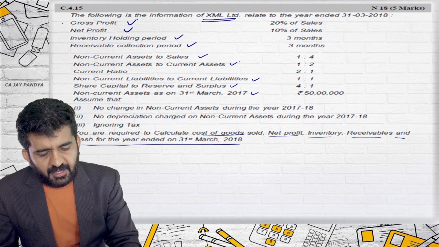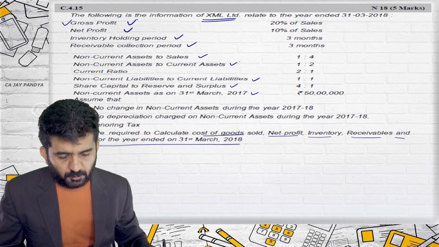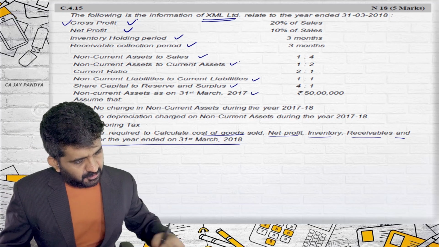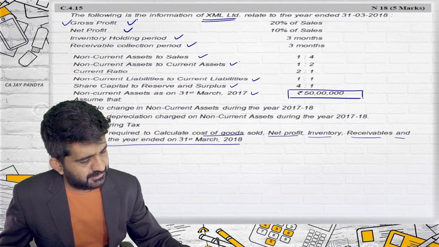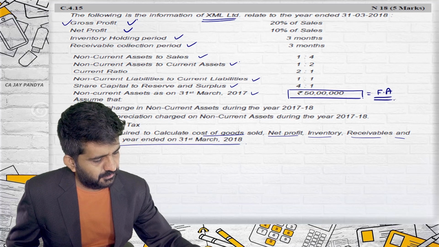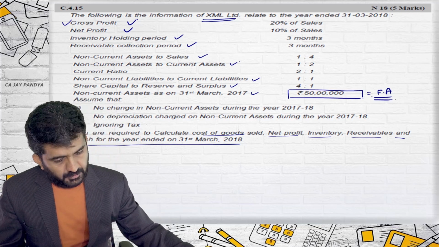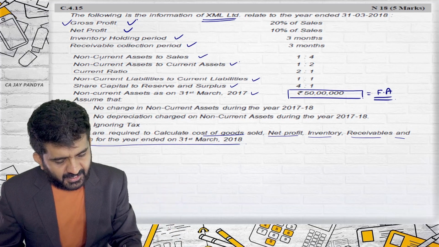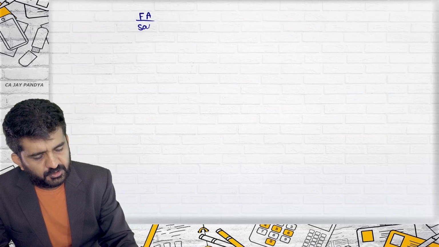Alright, I am having GP rate, yes. So if I get the answer of sales, I can easily find out COGS. Let me first start with the figures that are available. Non-current asset is the same as fixed asset, right? Non-current assets to sales is 1:4, so fixed asset to sales is 1:4.